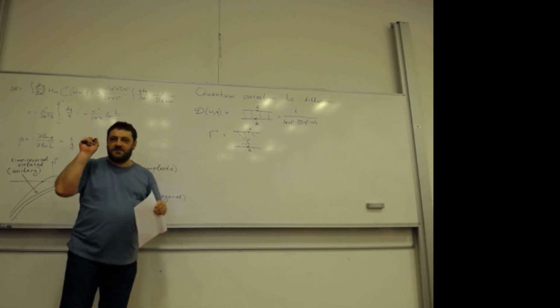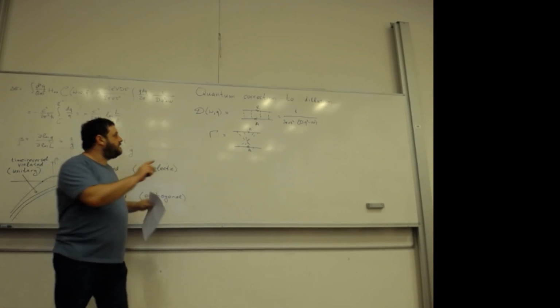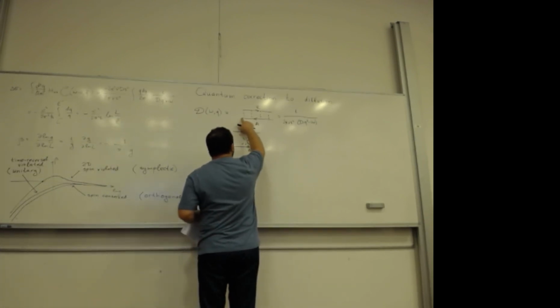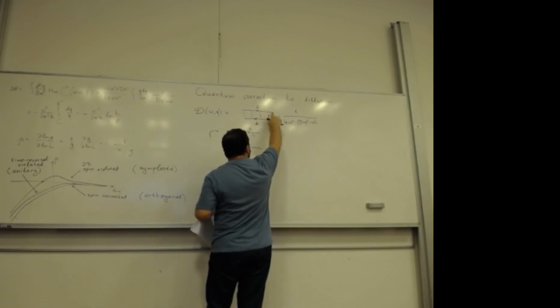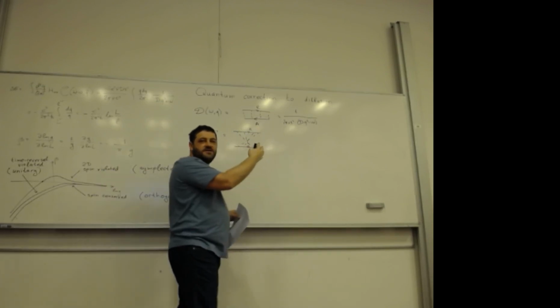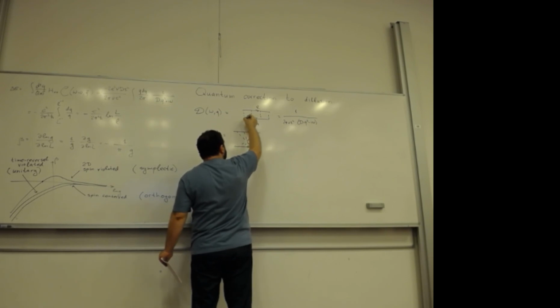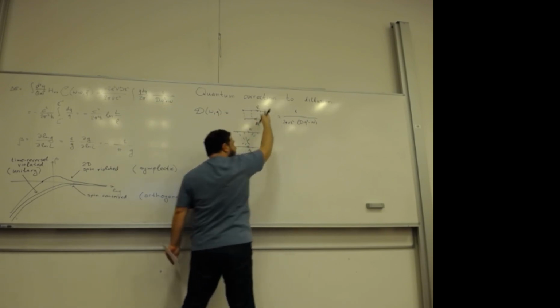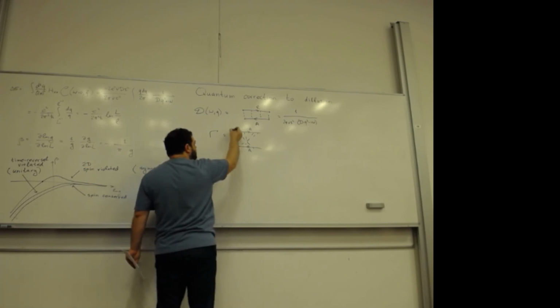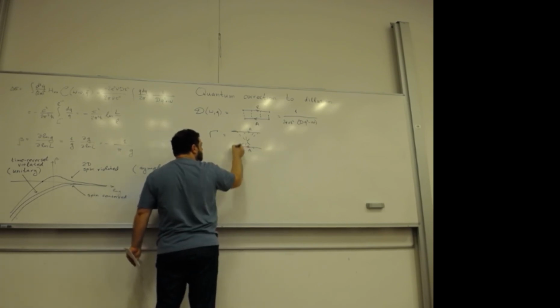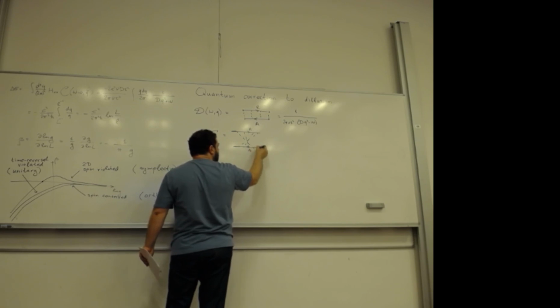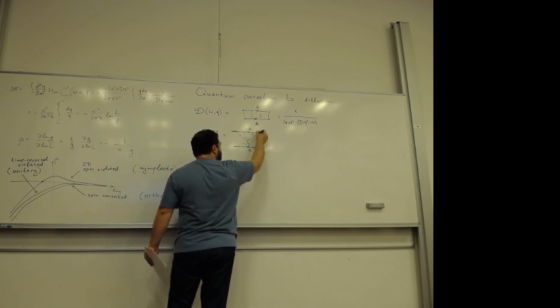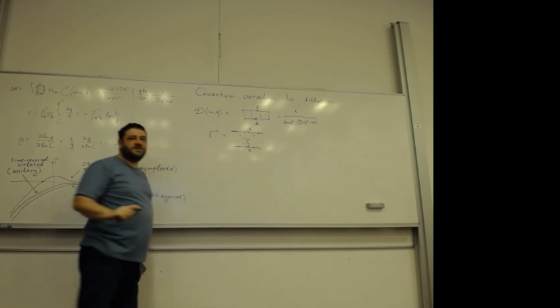Please pay attention: the diffusion doesn't have any external lines. It starts with the impurity line and ends with the impurity line. And gamma actually starts with the green function. There are external lines here, so impurity external lines.